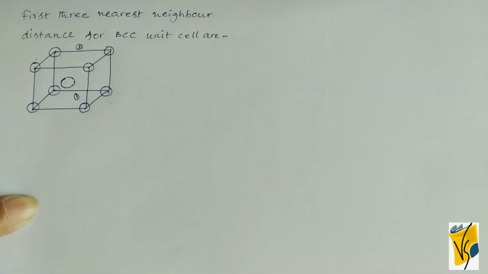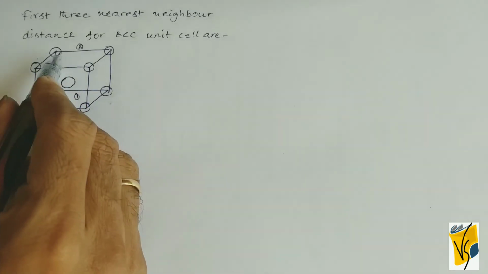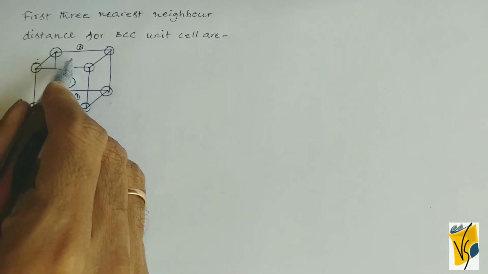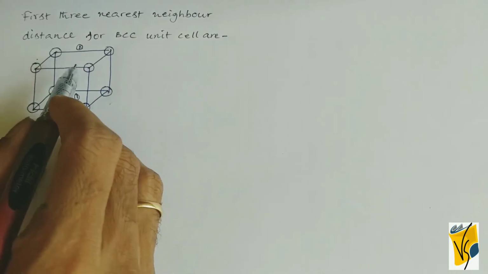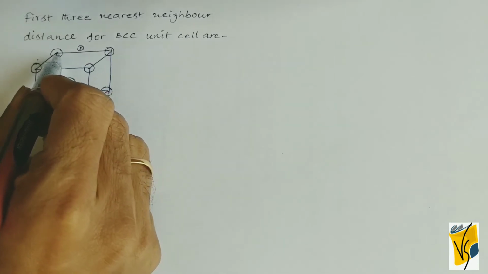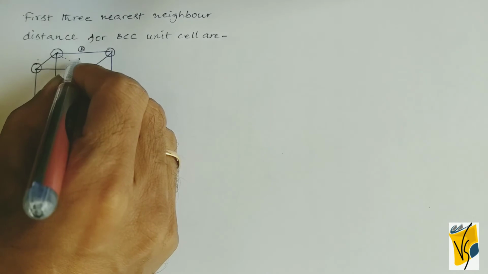That becomes the distance between second nearest neighbors, and third nearest neighbors are along the face, right? Along the face means they are at the corners, and we have to calculate this distance, which is nothing but face diagonal length.